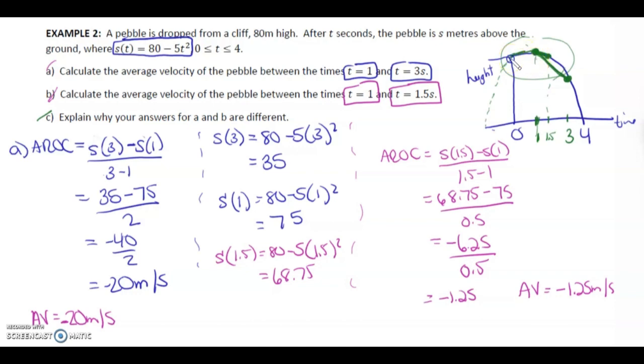And this one wasn't. This one was just traveling down. But now that I'm looking at the equation, what ends up happening is there's a turnaround point. So everything up near the vertex is going to be a little bit slower. And then gravity is going to pull that pebble down, and it's going to start to drop faster and faster and faster.